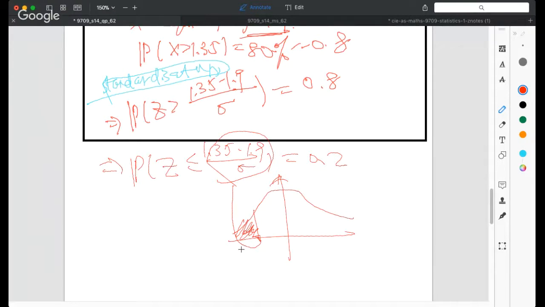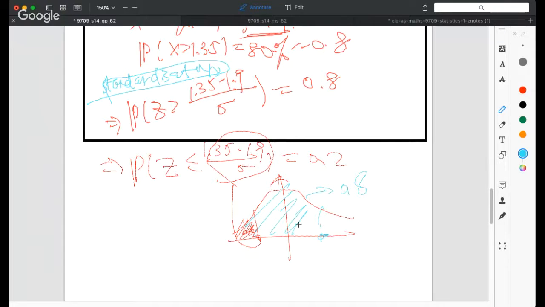But we cannot just read 0.2 from the table, so we try to find its image, like we try to find what this value is. And we know that the area of this blue region is 0.8, right?